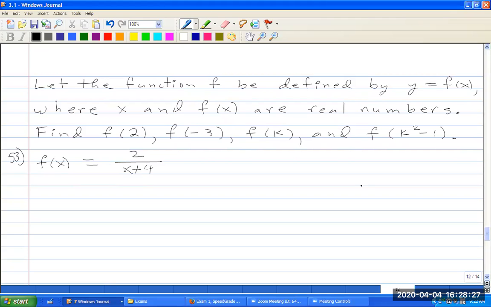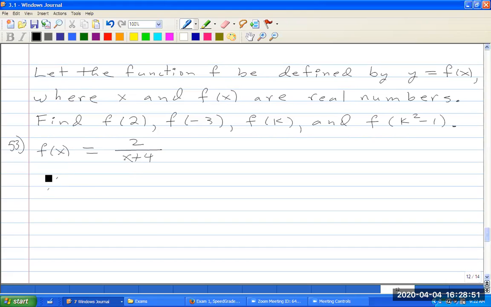Okay, so let the function f be defined by y equals f of x, where x and f of x are real numbers. Find f of 2. So let's determine f of 2. Then f of negative 3, f of k squared minus 1.